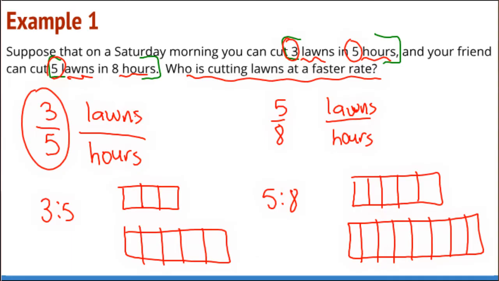I'm doing this because I don't want us to lose the connection that rates are connected to ratios, and that we can represent what's going on here with tape diagrams, double number lines, tables of equivalent ratios. We can tie this all back to what we have done with ratios, and that's important to me.